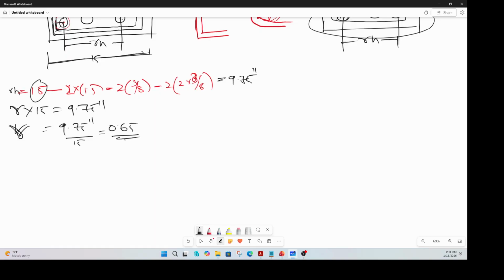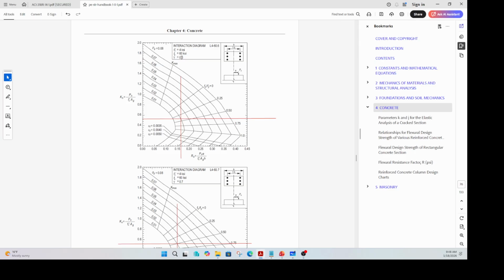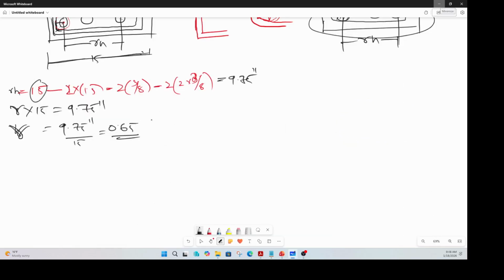But if you go back to these curves, there is a gamma of 0.6 and there is a gamma of 0.7. Yes, you can interpolate between these two, but you have to do that 2 times. So just for the demonstration, let us assume that this gamma is 0.6.